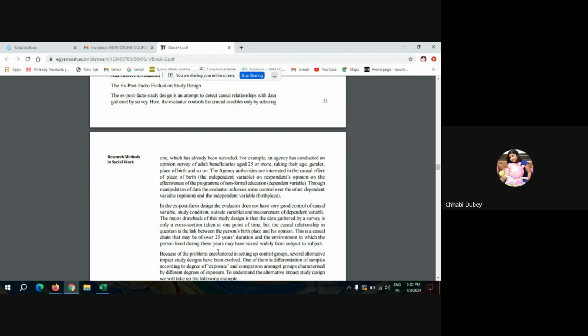So a great amount of time may be covered, and the environment in which the persons live during these years may vary widely from subject to subject. So if a person has been born in some rural village and then has gradually migrated to urban areas, then we do not see this time gap when we measure the causal relationship in the ex post facto evaluation study design.